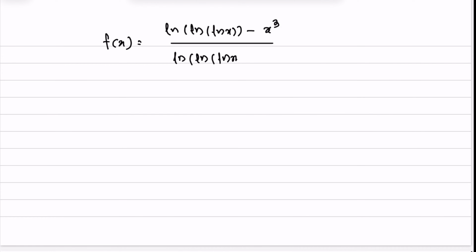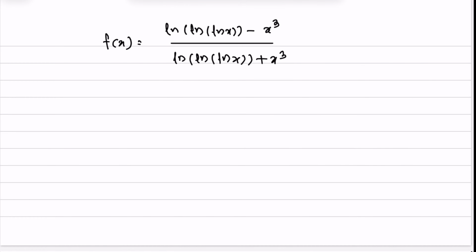What is the given equation? ln of (ln x minus x cube) whole divided by ln of (ln x plus x cube). As far as the numerator is concerned, ln of ln x is defined.